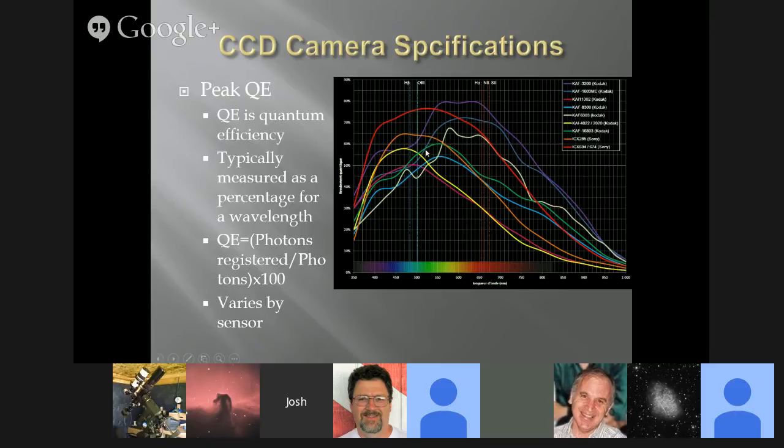So I'll point out the line with my arrow here that you can follow. The red line, which stands out pretty well, is the ICX 694, and it's known for being a very efficient camera. You can see over here, right around 500 nanometers, that it's converting 76% of the photons into signal, which is awesome.